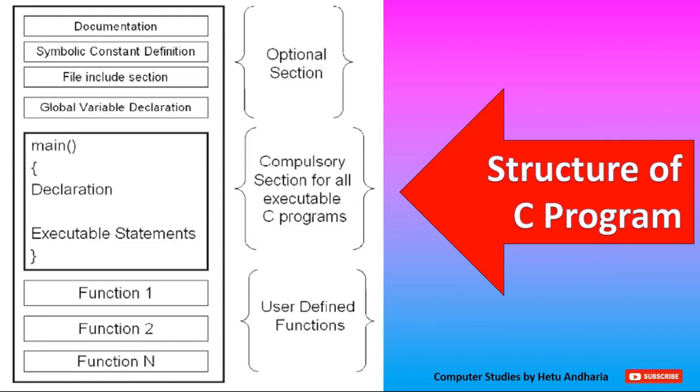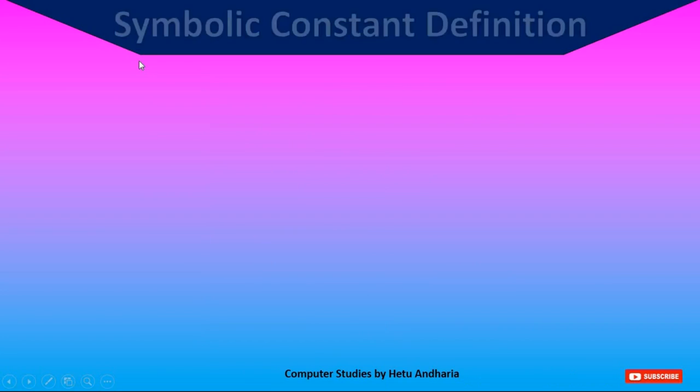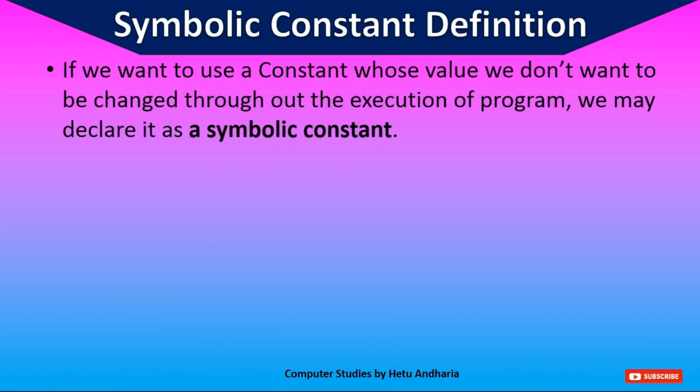Then we come to the next section, and that is symbolic constant definition. If you want to use a constant, I am not talking about a variable, I am talking about a constant, whose value we don't want to be changed throughout the execution of the program, we may declare it as a symbolic constant.